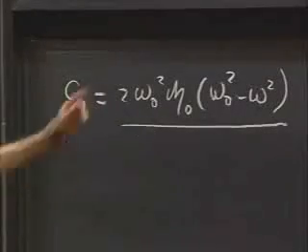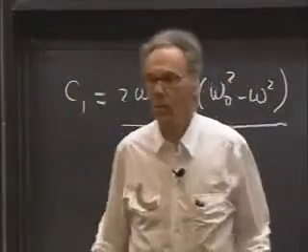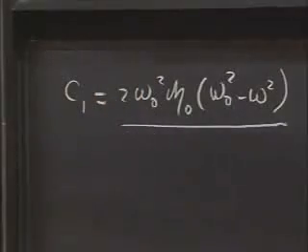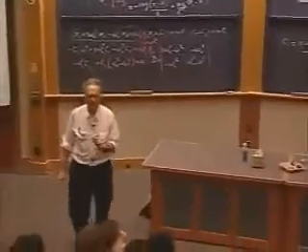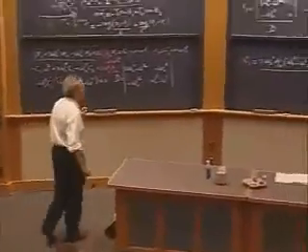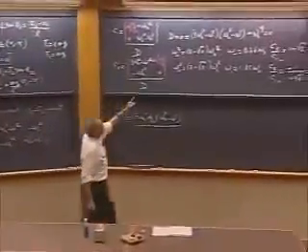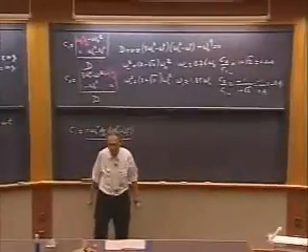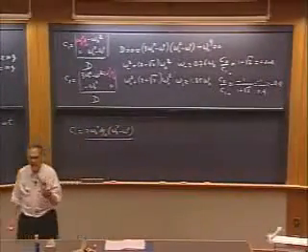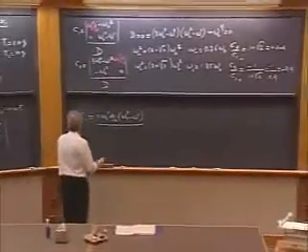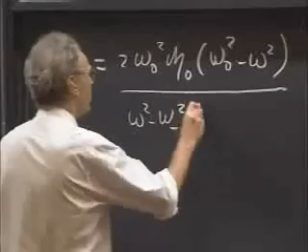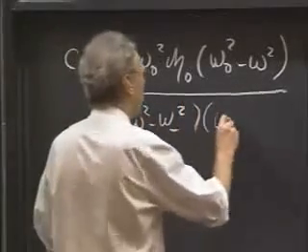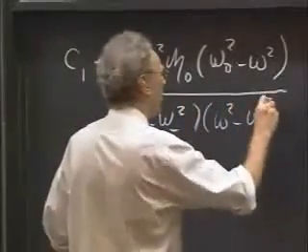Now I could write d in that form, and there's nothing wrong with that, but I can write it in a form which is a little bit more transparent. We do know that omega minus and omega plus will make d 0. So you can write this in the following way: omega squared minus omega minus squared times omega squared minus omega plus squared.